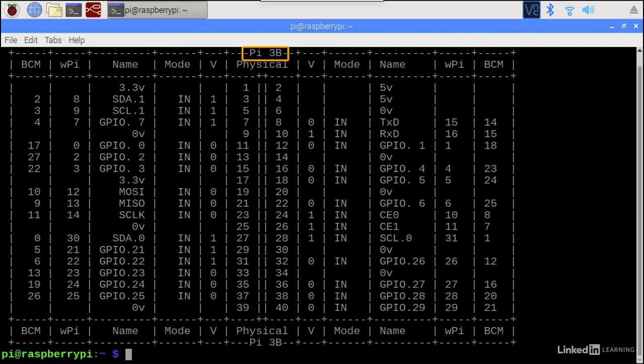First, it identifies the Raspberry Pi model. Second, it identifies the name of each pin. Third, it identifies the current mode of each pin, whether it's in or out or on or off. gpio readall is useful for debugging the signals coming from the Raspberry Pi.